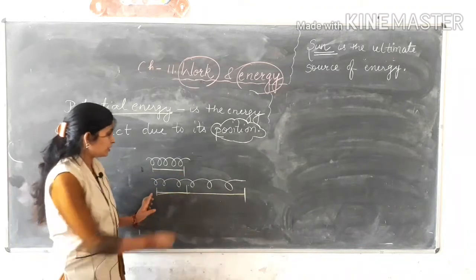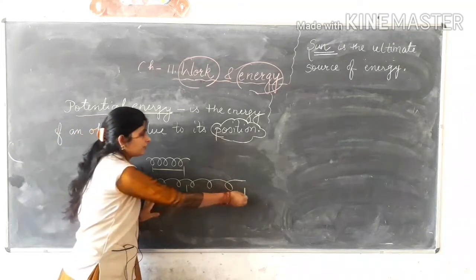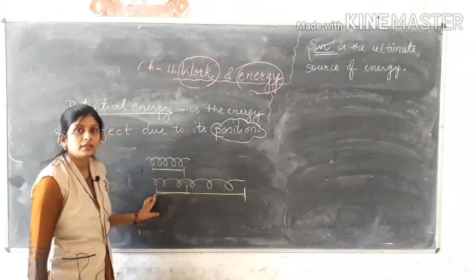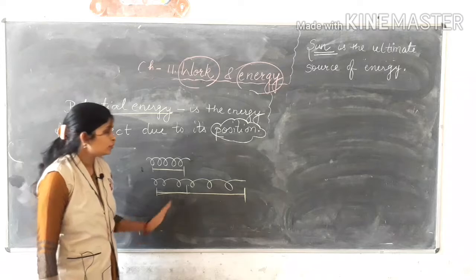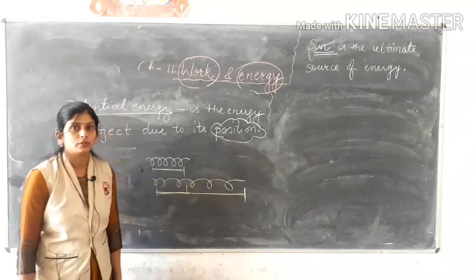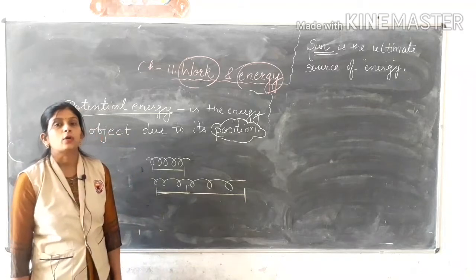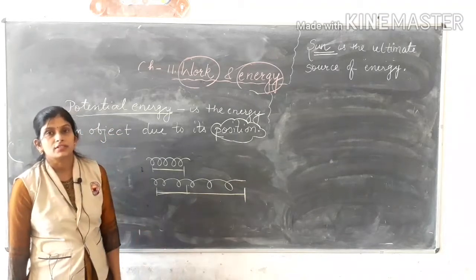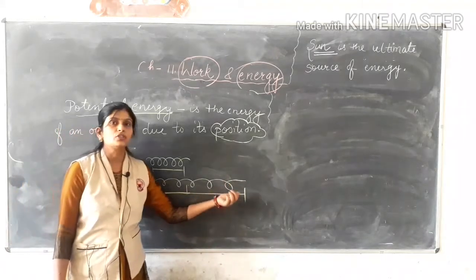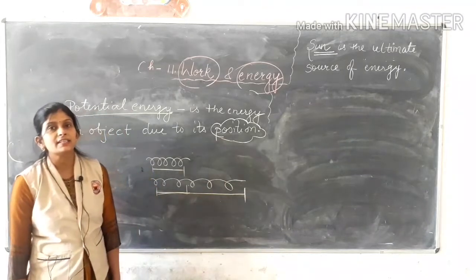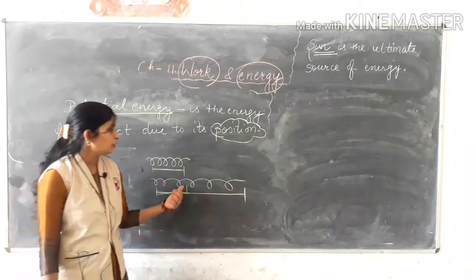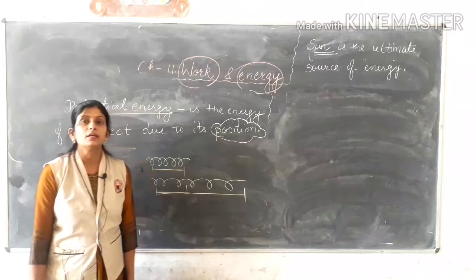Now its position is increased horizontally. Due to the increase in position, due to this increased position, it acquires potential energy. Now this stretched spring or slinky has potential energy due to increase in position.